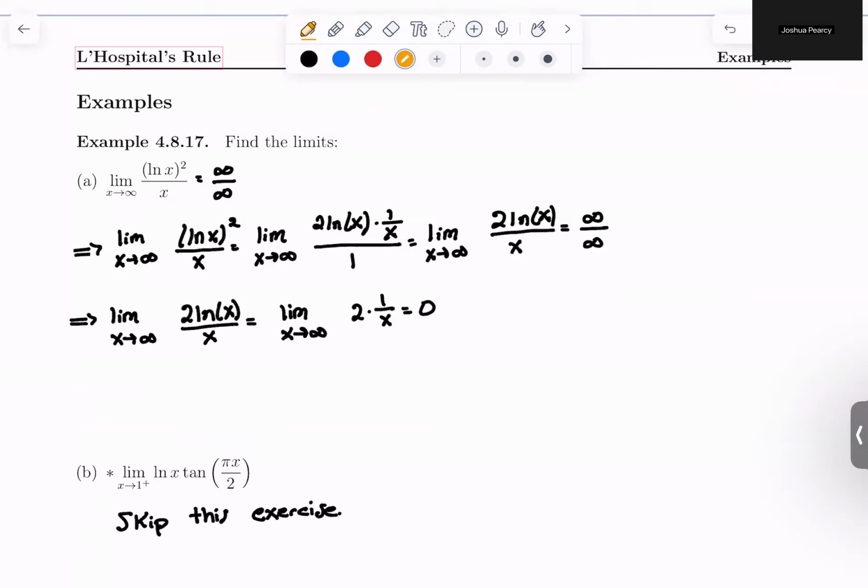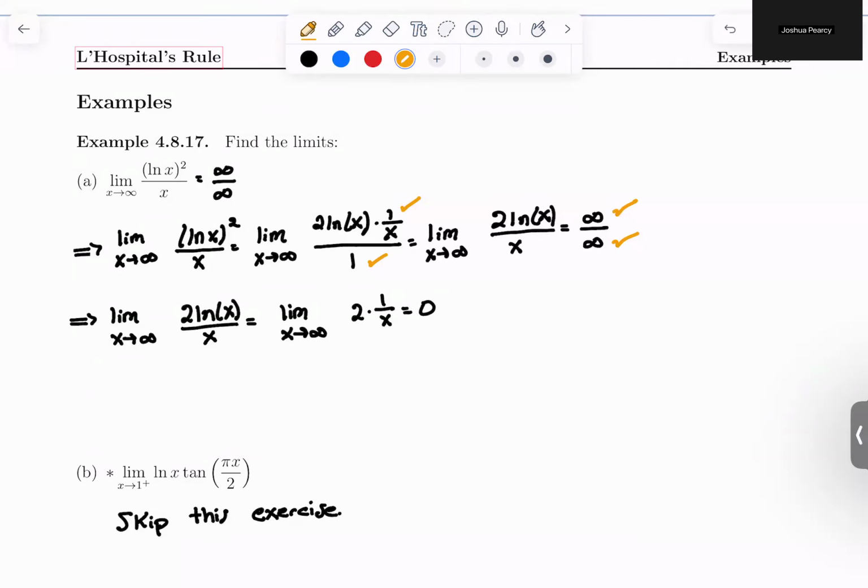So I can take the derivative of the numerator and the denominator. The derivative of ln of x squared is 2 ln of x times 1 over x. The derivative of x is 1. So I have the limit as x goes to infinity of 2 ln of x over x. And again, as x goes to infinity, this is infinity over infinity. So differentiating again, the derivative of 2 ln x is 2 times 1 over x, and the derivative of x is just 1.